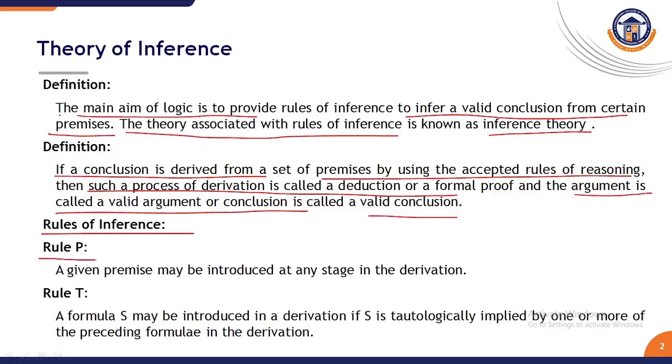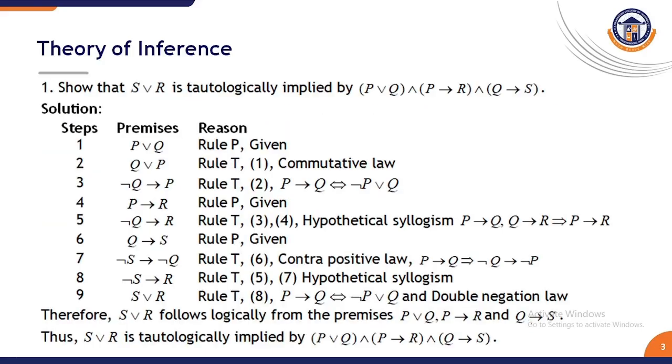The one is rule P. In rule P, a given premise may be introduced at any stage in the derivation, and the other is rule T. In rule T, a formula S may be introduced in a derivation if S is tautologically implied by one or more of the preceding formulas in the derivation. Now these concepts are explained in the following examples.